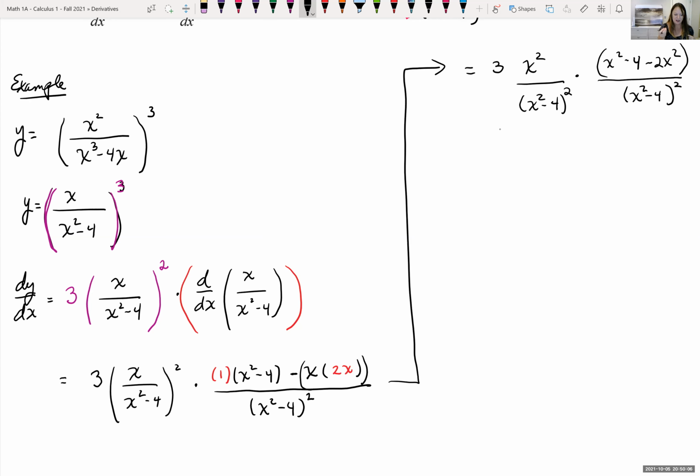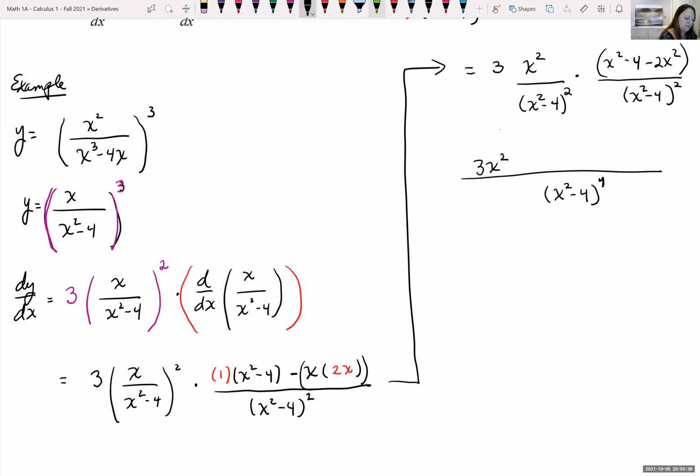So notice my denominator, x squared minus 4 quantity squared times x squared minus 4 quantity squared, same base. Using rules of exponents, we would add those exponents. So we could really rewrite that denominator as x squared minus 4 raised to the 4th power. And then the numerator, we have this 3x squared here.